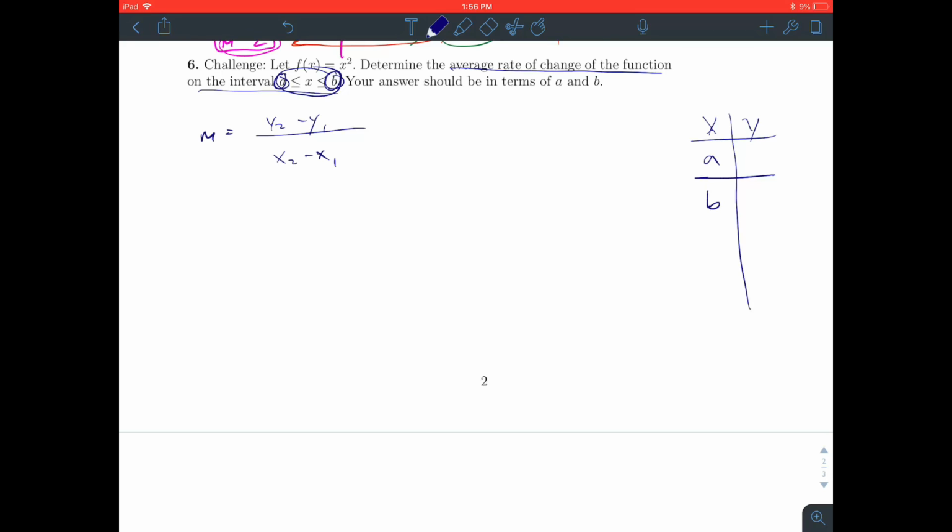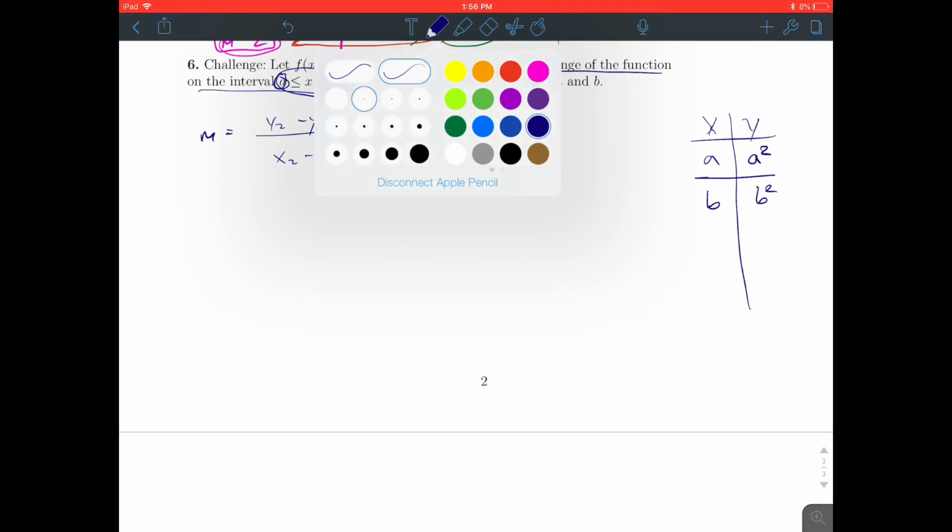So I need to find the accompanying y values. So we're going to plug a into this function. When we plug a into x squared, it just becomes a squared and there's nothing we can do. When we plug b into this function, it just becomes b squared and there's nothing we can do. So it looks like the slope is going to use these things that have variables. It's going to become a literal equation.